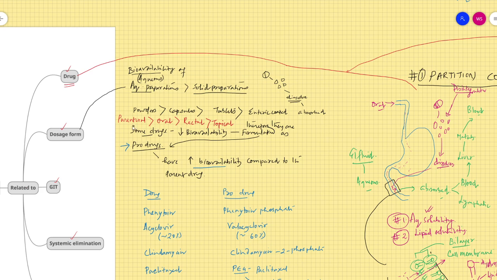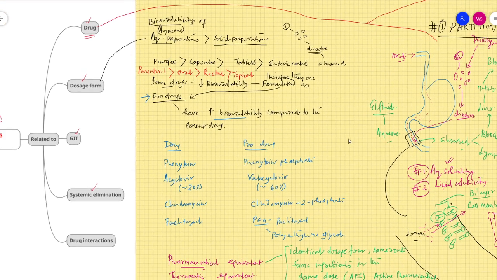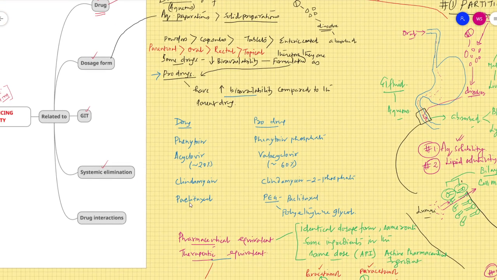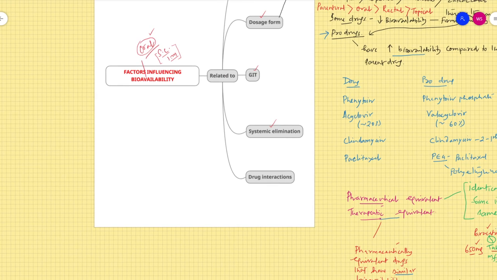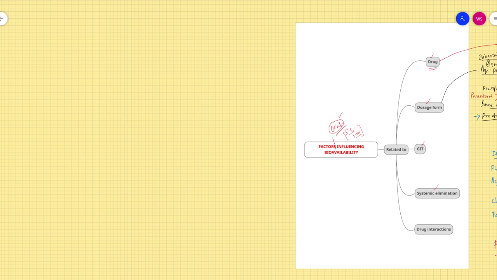So that's something that we missed to discuss. For the sake of completion, we need to remember that point too, before we go into the next factor that influences bioavailability.